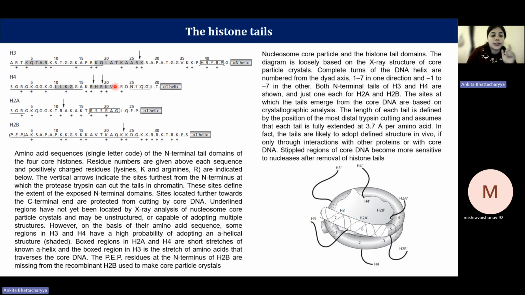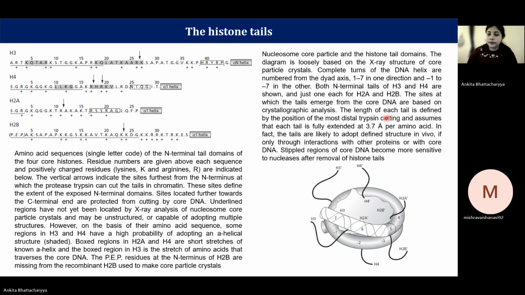Fourth, you can see that certain regions are very dynamic, and those are very easy to cleave by trypsin because the enzyme is able to access it, and its structure is difficult to crystallize, so a little bit of uncertainty also remains there.